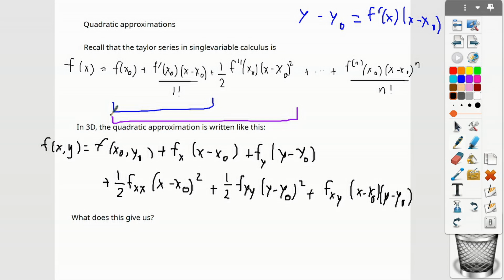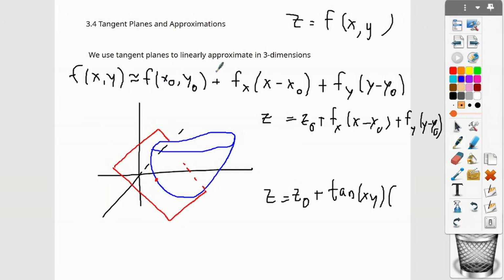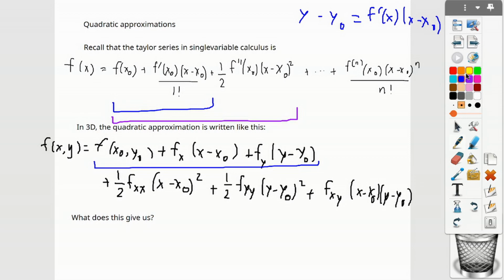However, in multivariable calculus, the quadratic approximation for 2 variables is like this. f of x0, y0, right? This is the linear part of it, so I'm just gonna highlight the linear part of it, which is what we had right here. And then this is the quadratic part of it, which is the entire thing.